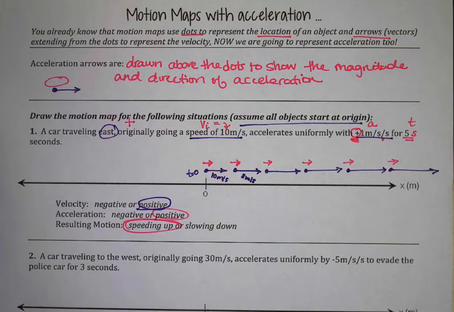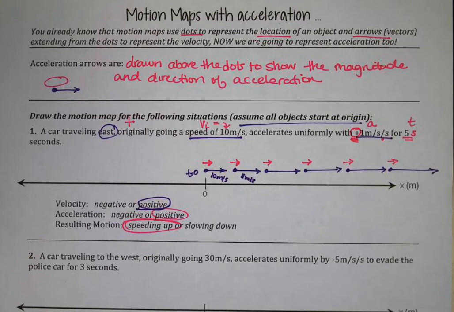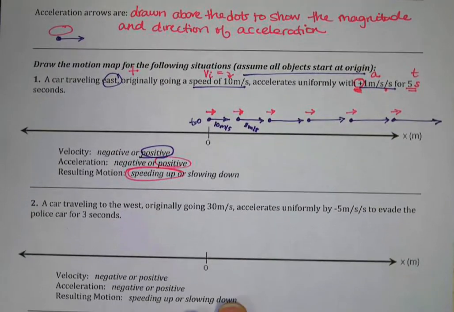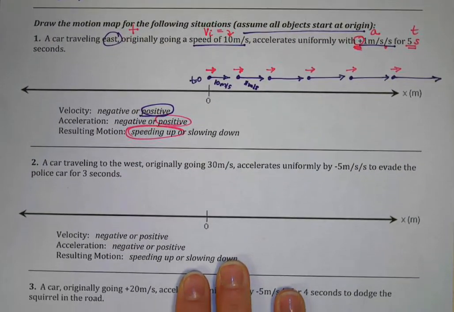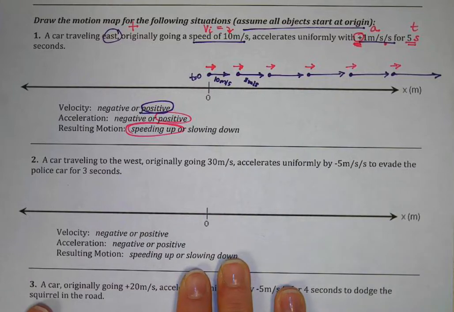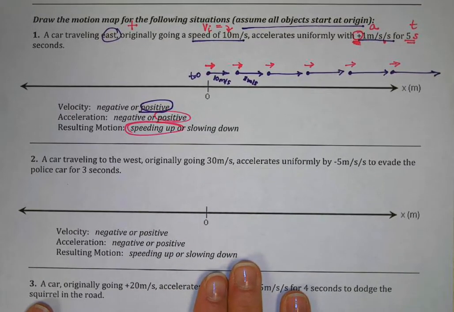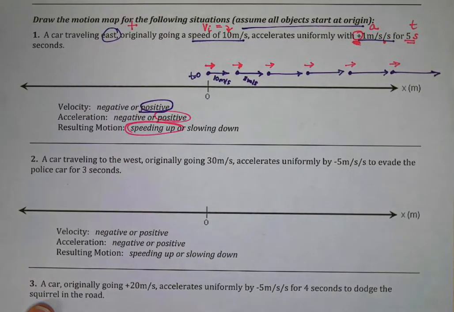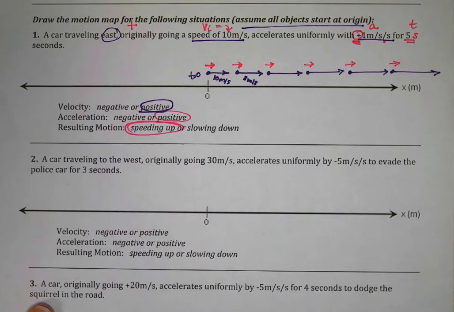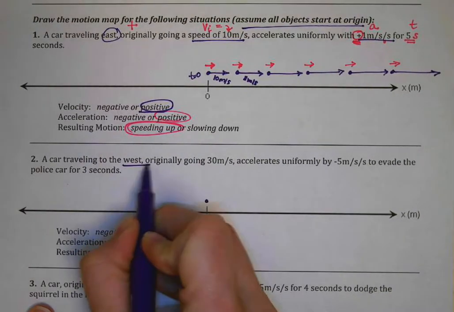Let's look at another scenario below. A car traveling to the west, originally going 30 meters per second, accelerates uniformly by -5 meters per second for every second to evade the police car for 3 seconds, starting at the origin. The idea here is it's traveling west.